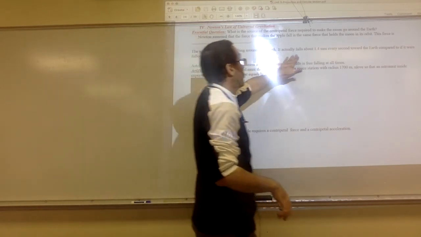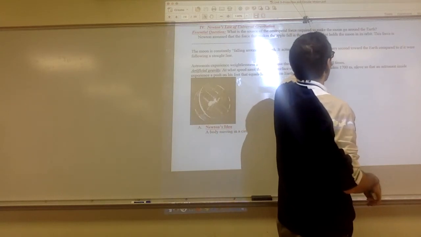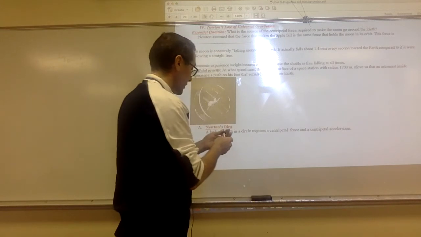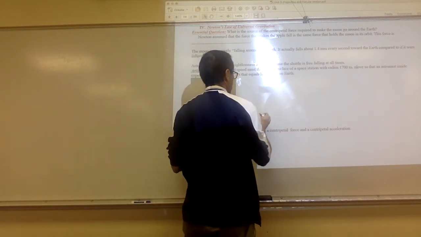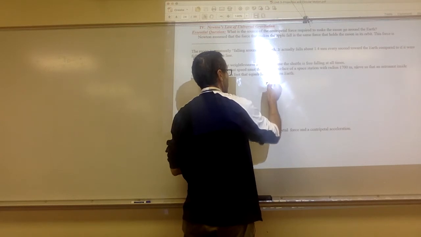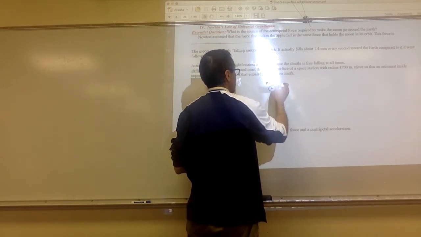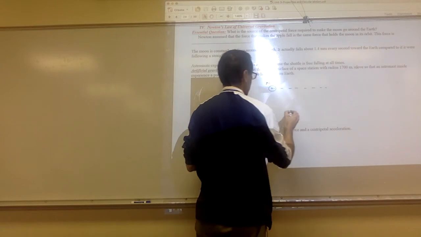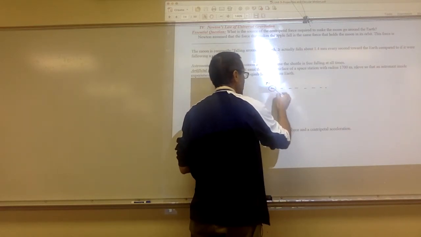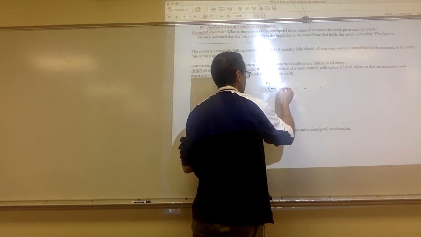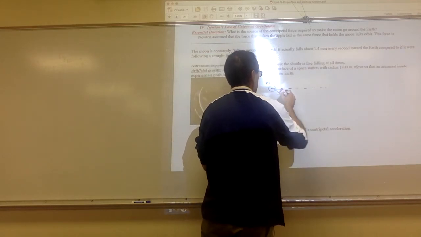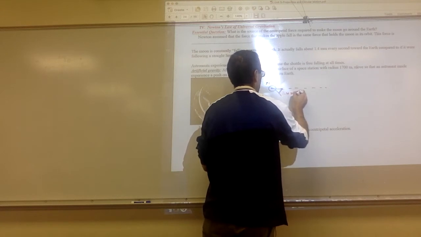But here it says the moon falls about 1.4 millimeters every second towards the Earth compared to if it were to go straight. Now, the Earth is here. The moon is up there. Okay? The moon wants to go along that path, but it drops, and it goes around in a circle. So in 1 second, we can show that this drop is about 1.4 millimeters.